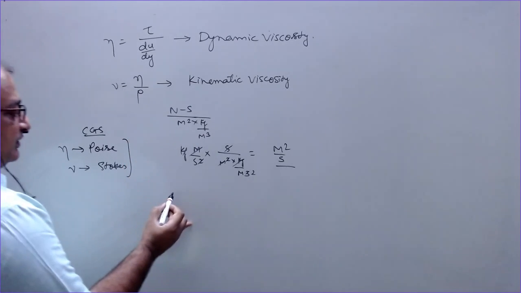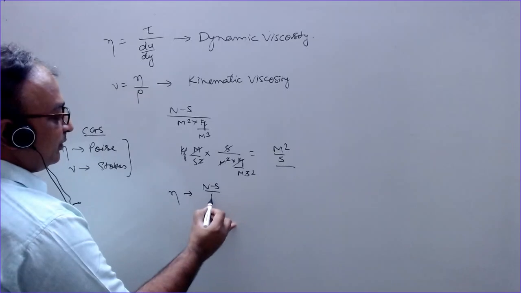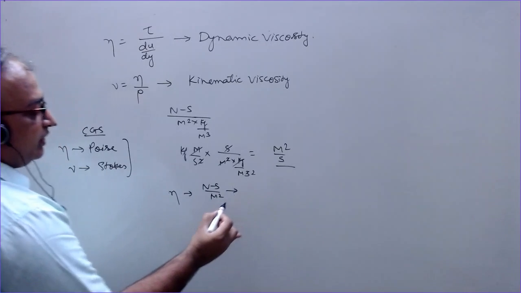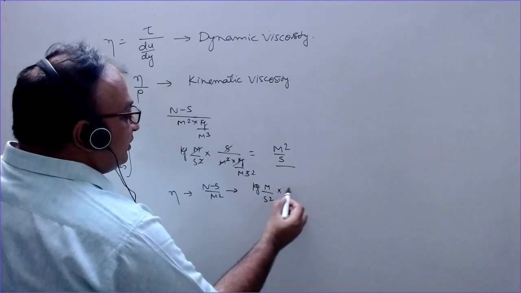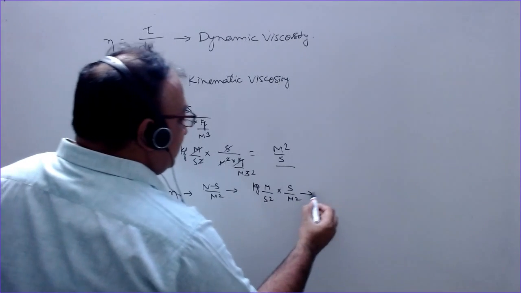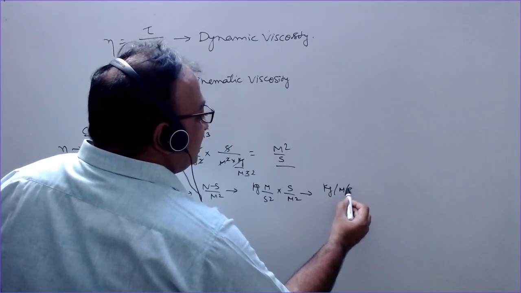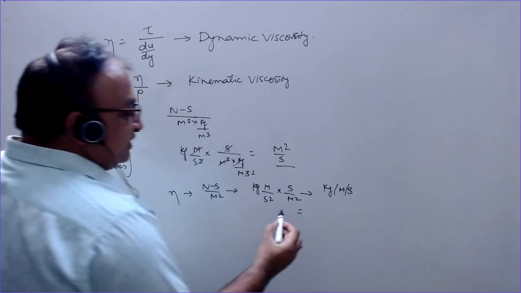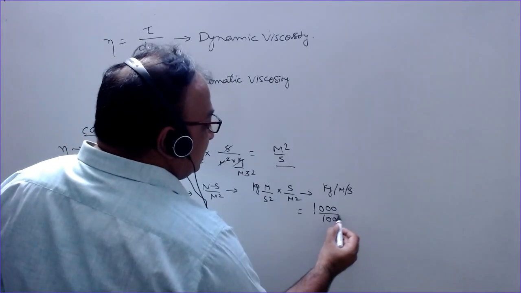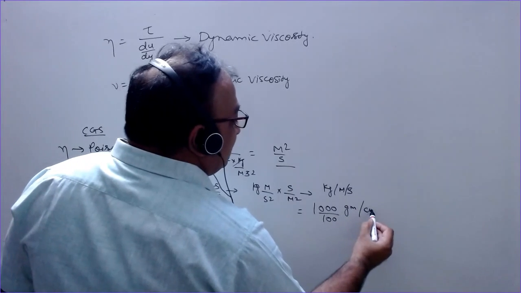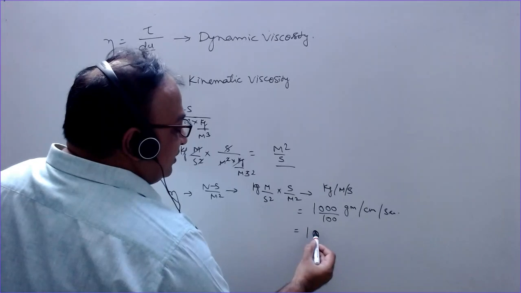We can convert this dynamic viscosity, the unit is Newton second per meter square. So I can write this as kilogram meter per second square into second upon meter square, which further becomes kilogram per meter per second, which in Cgs is equal to 1000 gram by 100 centimeter per second. So this is equal to 10 poise.